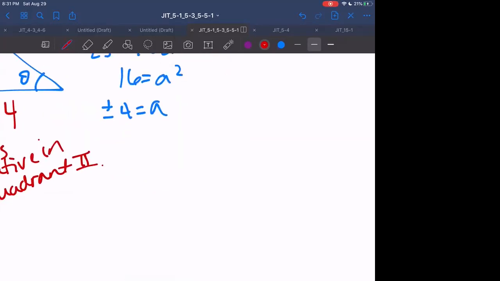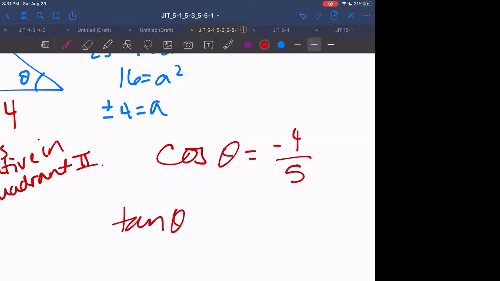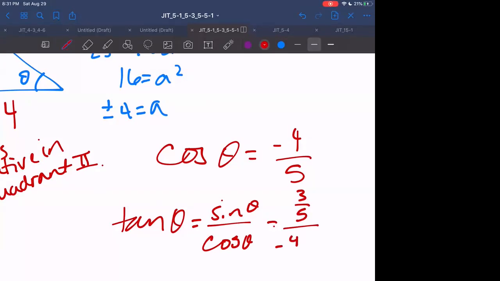Okay, so we know cosine of theta is negative 4/5. So that means tangent of theta, which is sine of theta over cosine of theta, is 3/5 over negative 4/5.